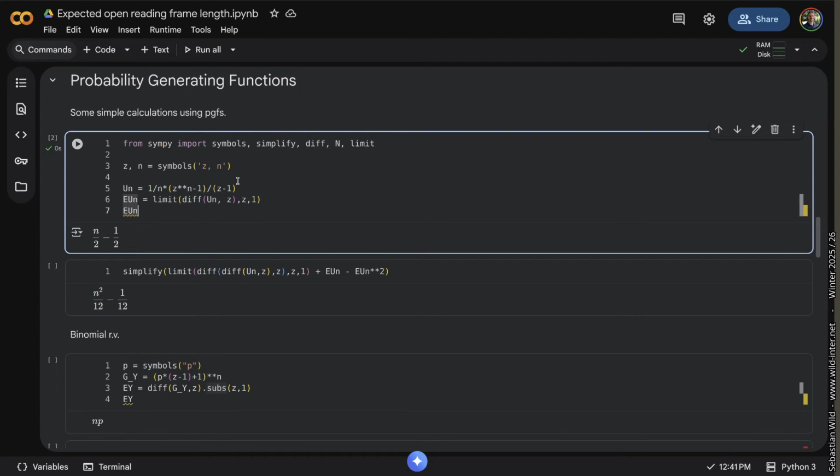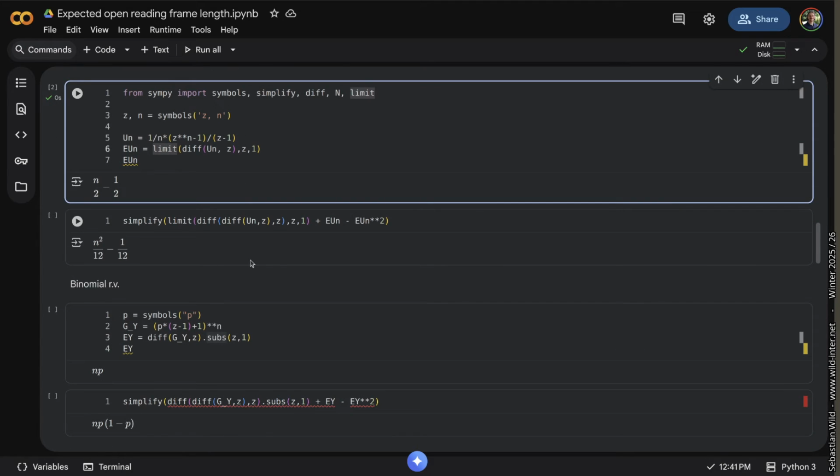Now, if you do this here, you get a 0 by 0 because you have this z minus 1. There's a root in the denominator and a root in the numerator, but they actually cancel if you look at it carefully. A simple way to do this is to compute limits, which SymPy, for these simple cases, is doing very well.